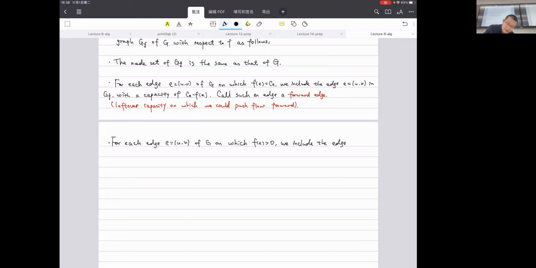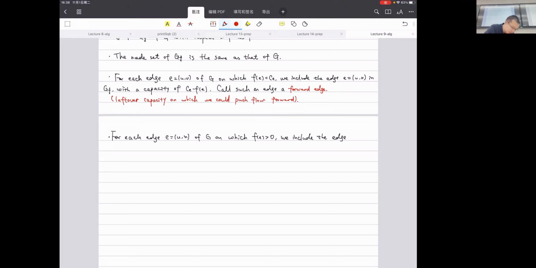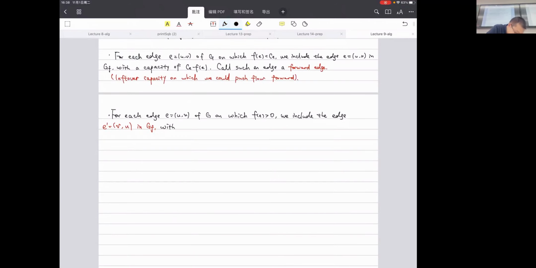And to make everything intuitive here, we want to consider a backward edge. Basically, to do this, we just switch the direction. So we consider an edge e. Originally this edge is U to V, but for the definition of the backward edge, we are going to switch the direction. The edge is defined from V to U now in G_f, with a capacity of f(e), because this is the value that you can actually take back.